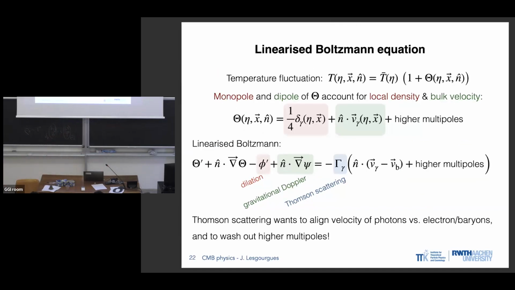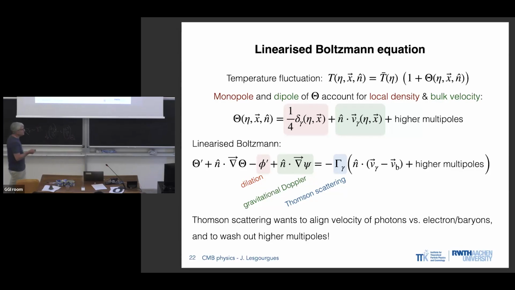Now, we take the Boltzmann equation, we linearize it at order 1 in perturbation, and we replace the variable f gamma by this theta in order to get a more intuitive form. So after pages and pages of nasty calculations, you get this very simple equation. Well, it doesn't look maybe so simple at first sight, but in fact, you will see that it has a very intuitive meaning.